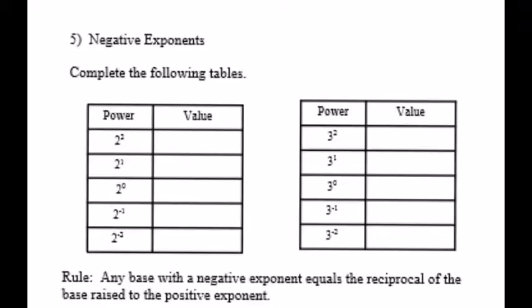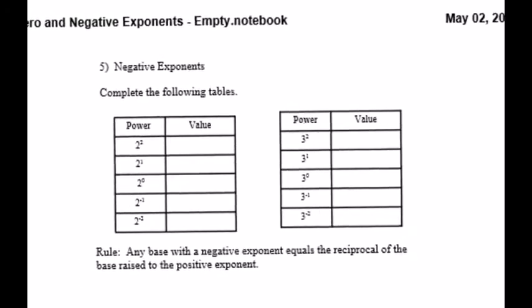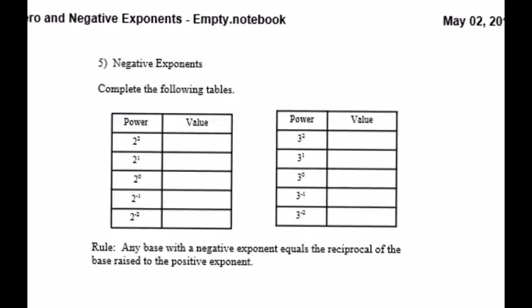Each of these numbers are going from 2 down to -2, and the next column is 3 raised to the 2 all the way down to -2. So when we complete these tables, you'll notice the following. If I took a look at 2 to the 2 squared, we get 4. If I take 2 to the 1, it's 2. The rule for anything to the exponent 0 is 1.